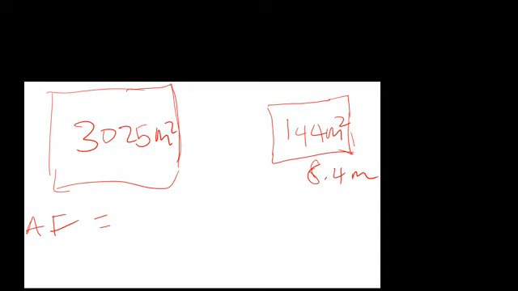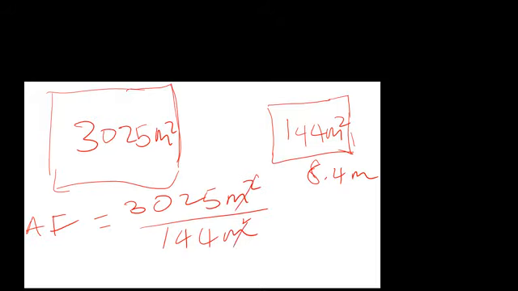It will be the area of the actual divided by that one. So it will be 3025 square meters divided by 144 square meters. You put that on your calculator.